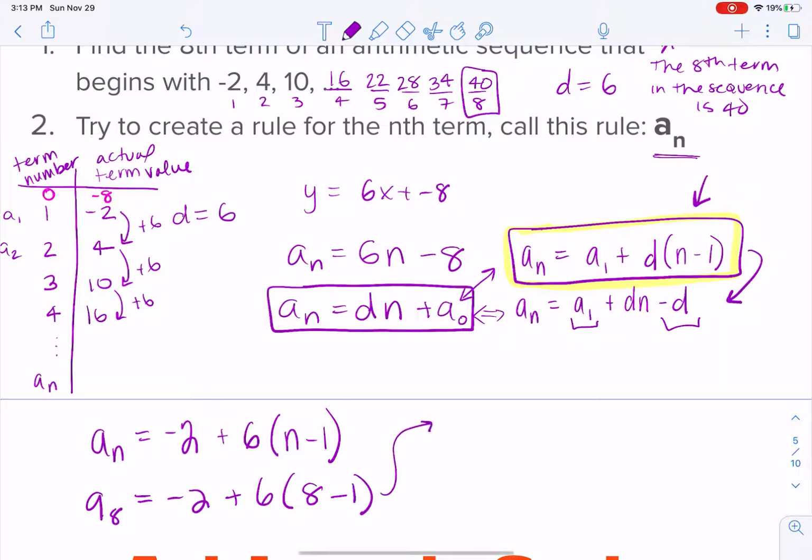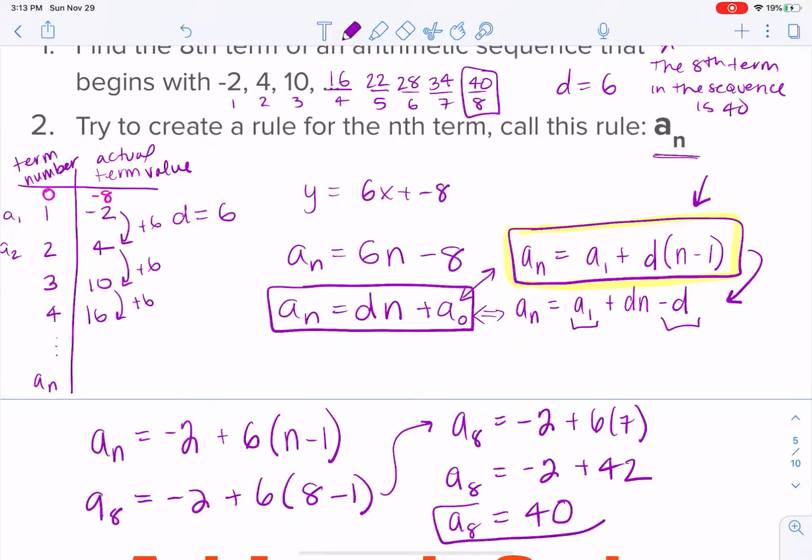So a sub 8 is -2 plus 6 times 7. A of 8 is -2 plus 42, which makes a of 8 equal 40, which is exactly what we got when we just continued to add our common difference.